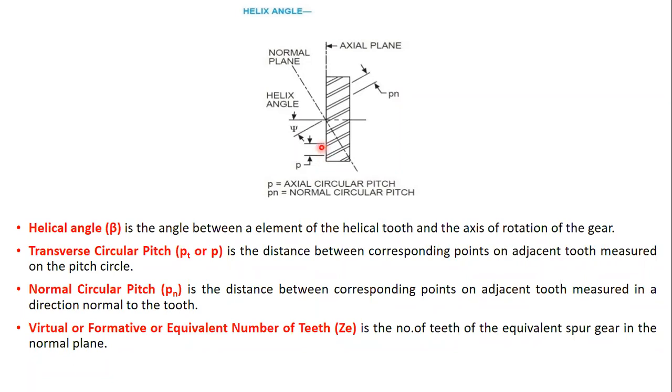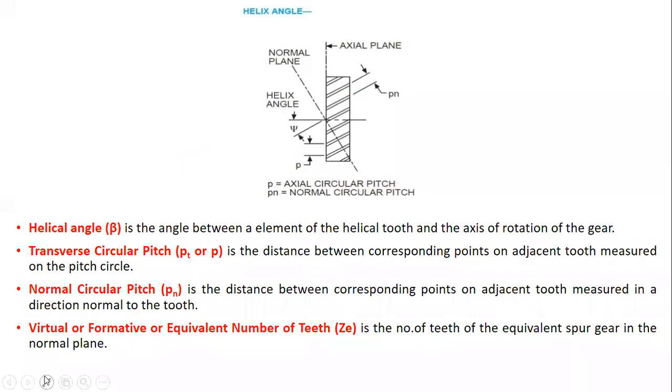This virtual or equivalent number of teeth is nothing but the number of teeth of the equivalent spur gear in the normal plane, and that is denoted by ZE.